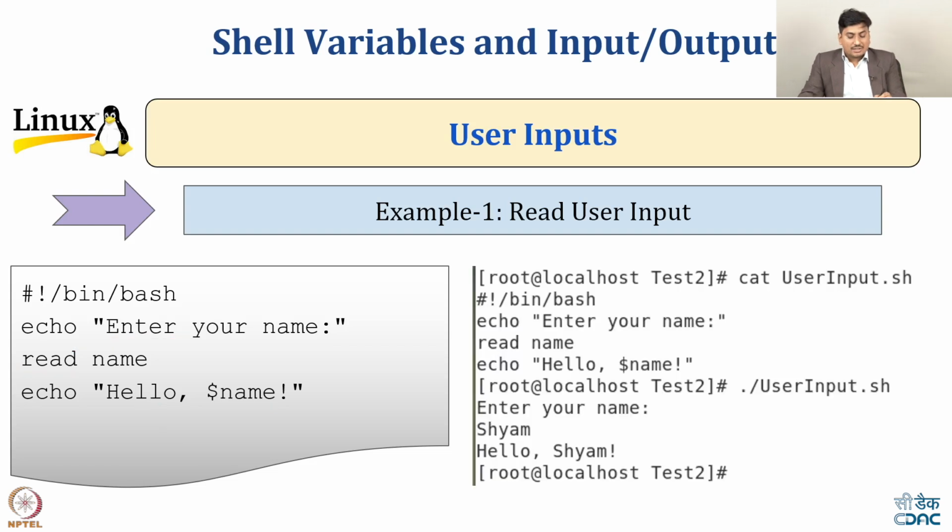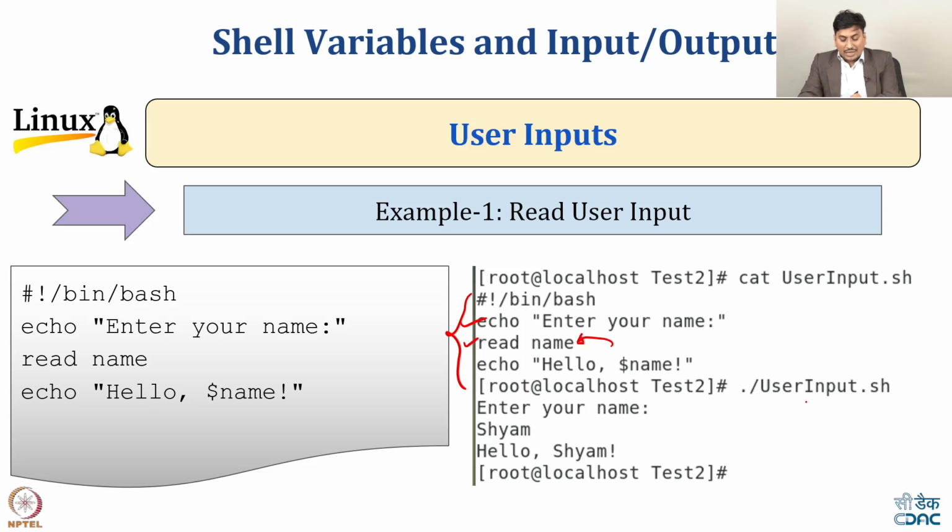You can see that this is the script, where we are asking the user to enter the name, then we are waiting for whatever input the user gives, which will be stored in this particular name variable.